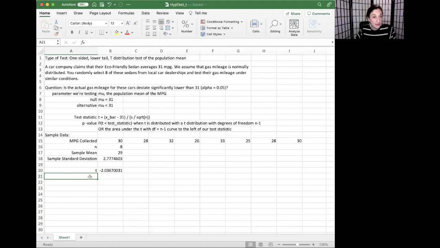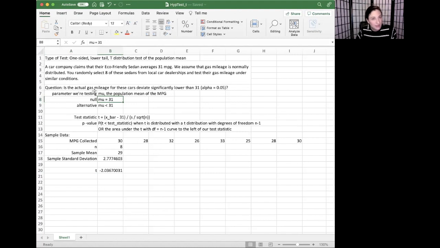The p-value, right? Remember, our p-value is the probability of getting a test statistic as extreme as ours or more from 0, assuming that our null hypothesis is true. Remember, this is like the probability of flipping a coin 10 times and getting heads 10 times, assuming that the coin is fair.